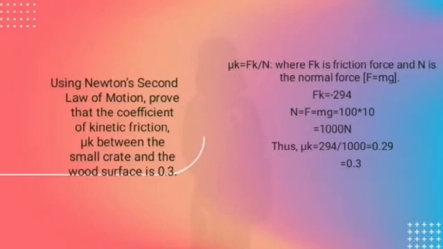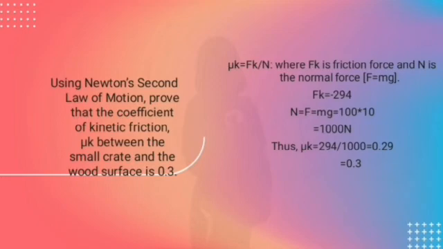For the last question, using Newton's second law of motion, prove that the coefficient of kinetic friction between the small crack and the wood surface is 0.3. So the formula for kinetic friction is Fk over n, where Fk is the friction force and n is the normal force.